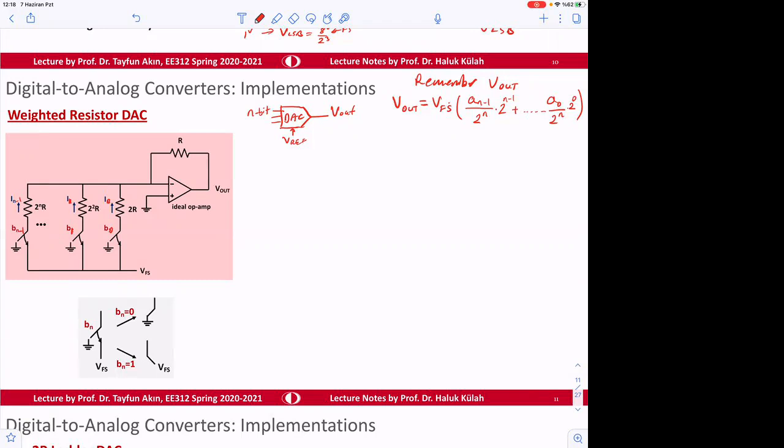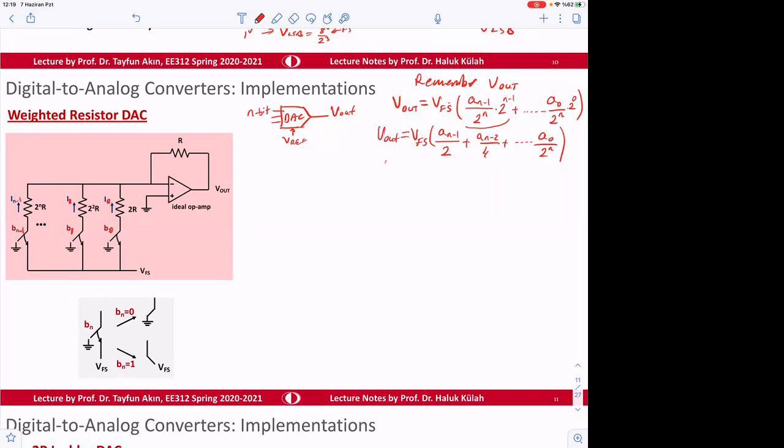Okay, so either we write it this way, or we can write it as V full scale, depending on the condition of this. This could be 1 or 0, but the voltage is going to be divided by 2 for A n minus 1, divided by 4 for A n minus 2, and then A0, the voltage is going to be divided by 2 to the power n. Okay, so this is how we represent it.